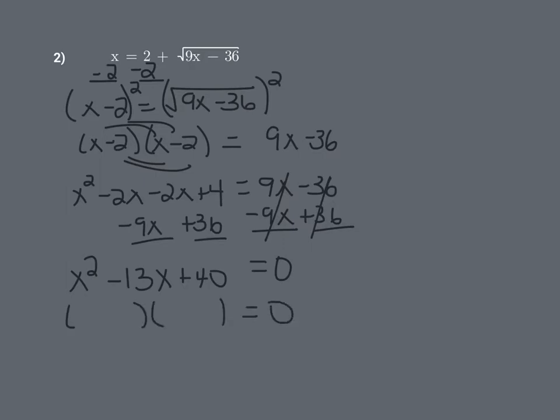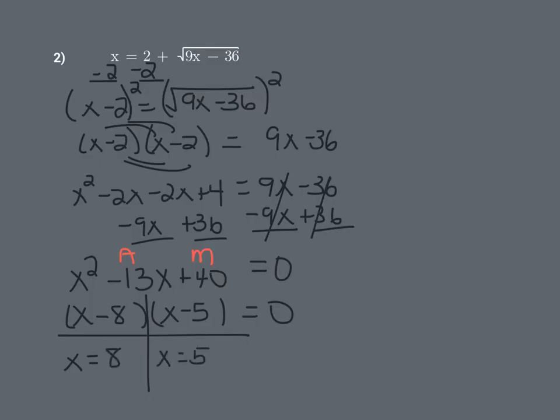I can put an x in the first spot in each of those parentheses. And 2 numbers that add to negative 13 and that multiply to positive 40 would be negative 8 and negative 5. So when we make our t-chart, we wind up with x equals 8 and x equals 5.